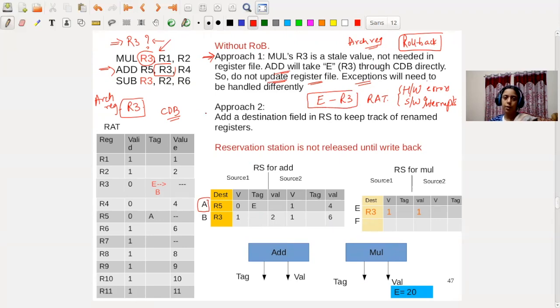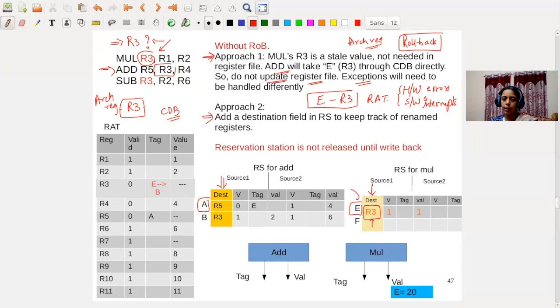The second approach is you can add what is called a destination field in the reservation station. This is going to carry the tag of the original register. So the E reservation station is going to tell that the destination is R3.